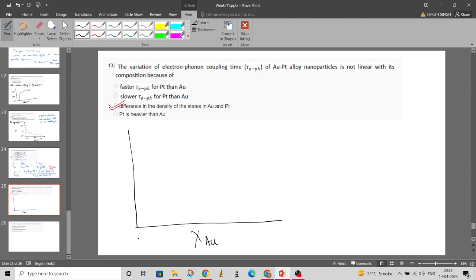If this is Au, starting from 0 and this is 1, this is the composition and this is the relaxation time in picoseconds, it's not linear, it goes like this. This happens because there is a difference in the density of states of Au and platinum.